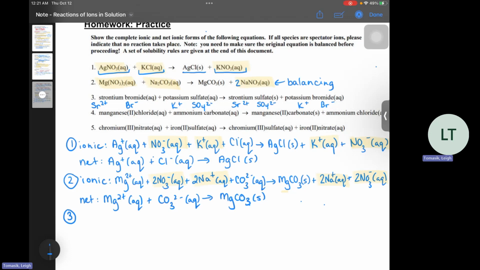So overall, I'm going to try to leave a space at the beginning of each compound for a coefficient, just in case we need to balance.